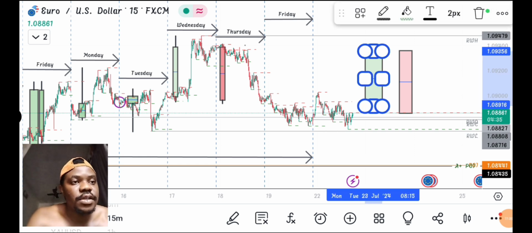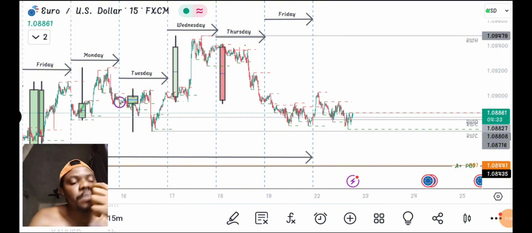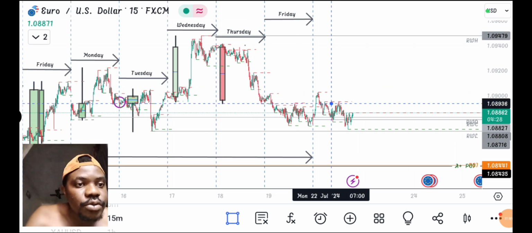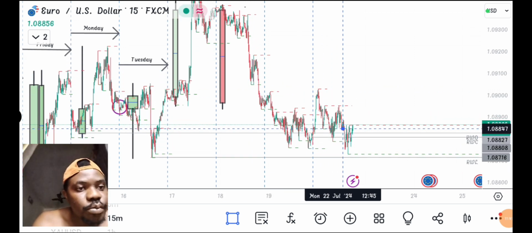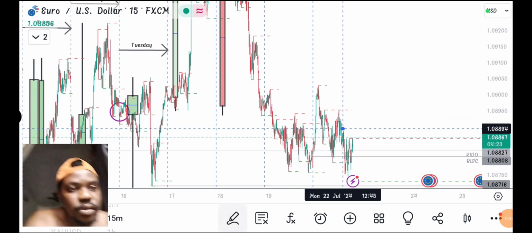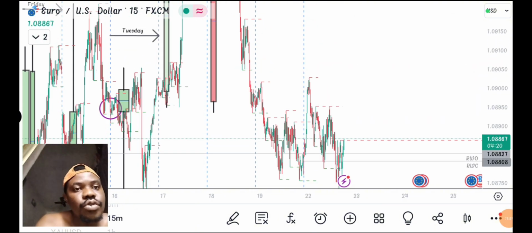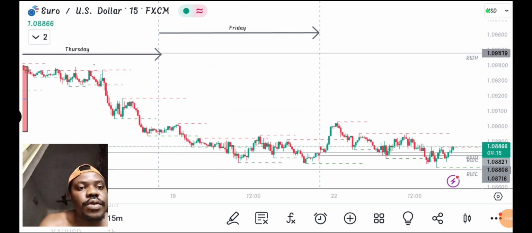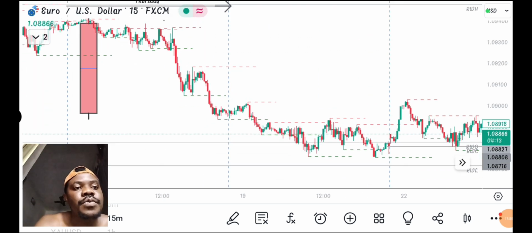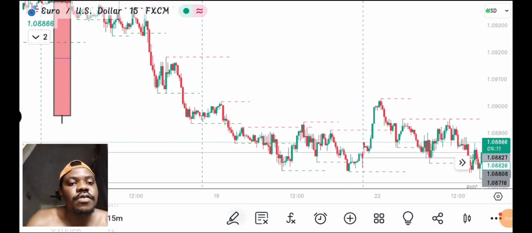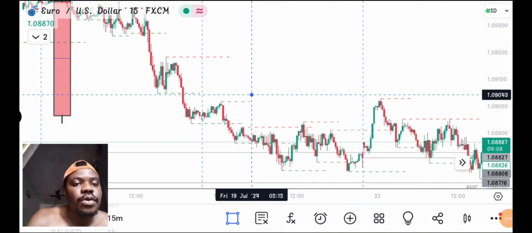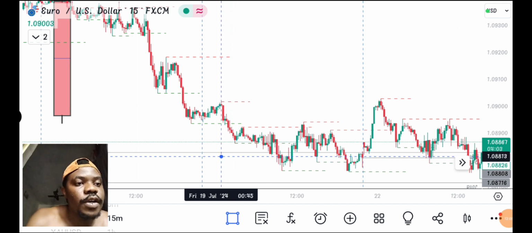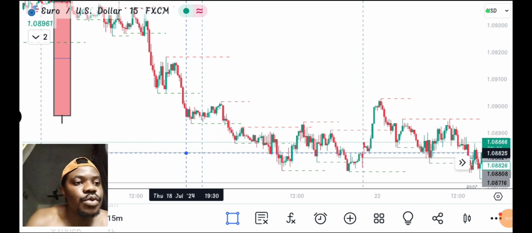So let me take this off of my screen. So guys, this is the idea here. We take our rectangle tool and from our recent weekly open, let me zoom in a little bit on my screen. So we need our Friday trading range. I hope you understand. So we expand the Friday trading range. Let me keep it a little bit center of my screen. So I take my rectangle tool from the open of last week, which is this line here.